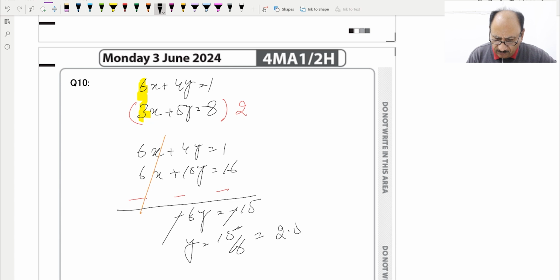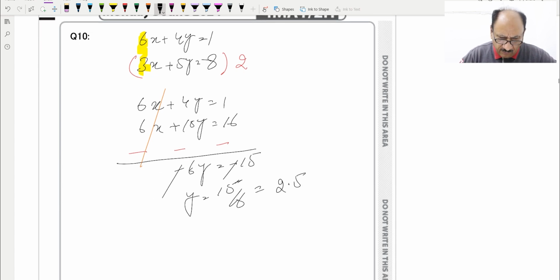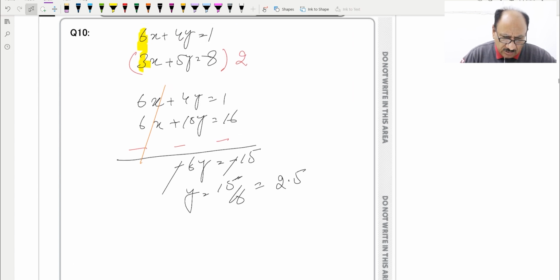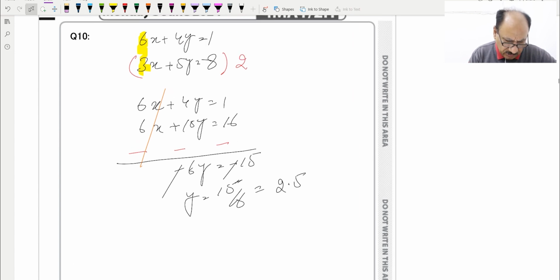So 2.5, this is our y value, and the x value we can find by just replacing in any of the original equations. I am replacing in the first equation, so 6x plus 4y is equal to 1. So 6x plus 4 into 2.5 is equal to 1.